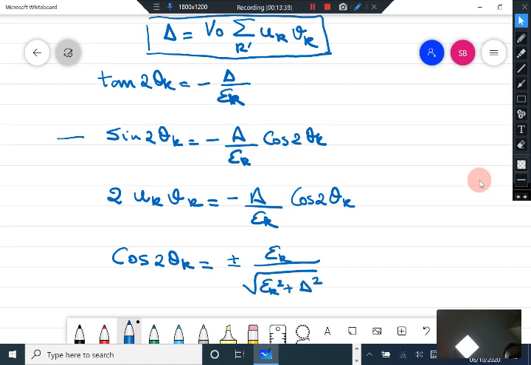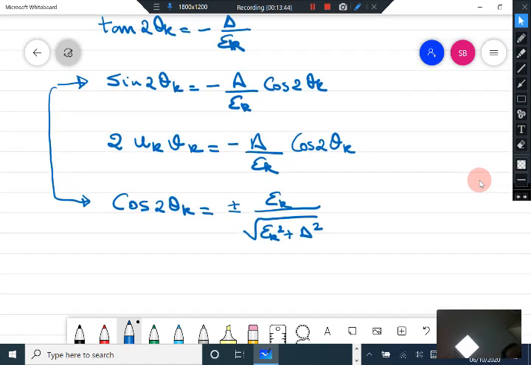To get this, you will have to use this expression.